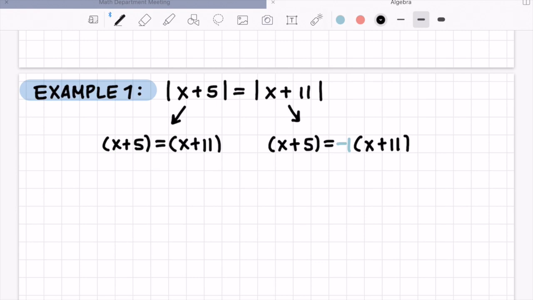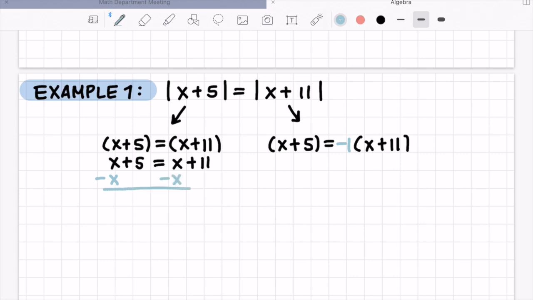So now that we completed step 2, step 3 is to solve for x. So I'm going to start off with this one first, it's just easier. Right here I have x plus 5 equals 2, x plus 11. Now what I want to do is I want to combine the like terms. So I'm going to start off with x. I'm going to subtract x on both sides.